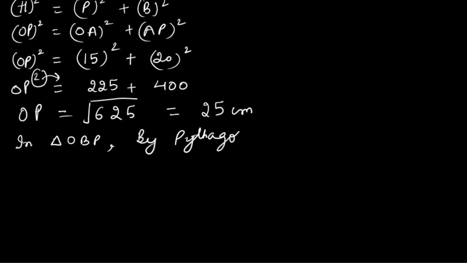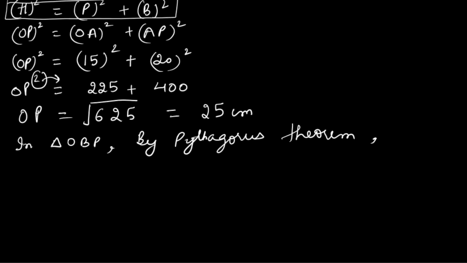So by Pythagoras theorem, the hypotenuse square is equal to the sum of the squares of the perpendicular and base. The hypotenuse is OP, the same hypotenuse. So OP square is equal to OB square plus PB square.